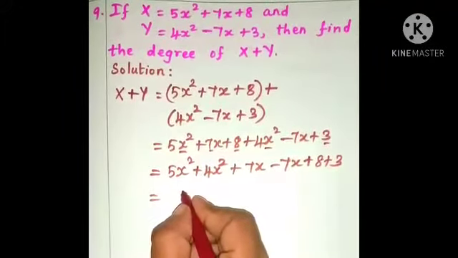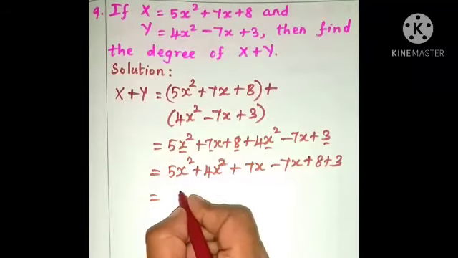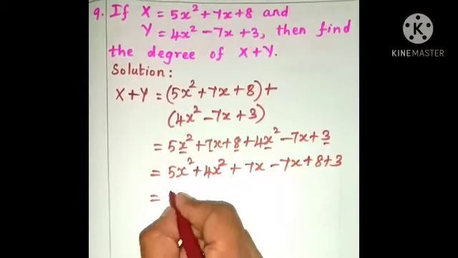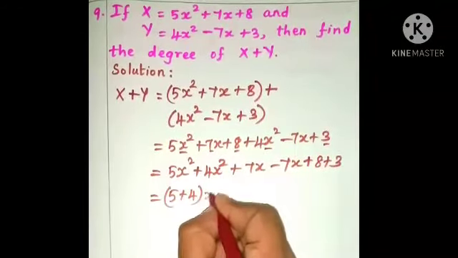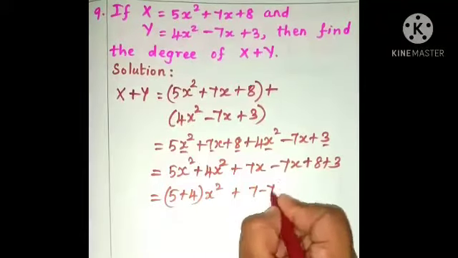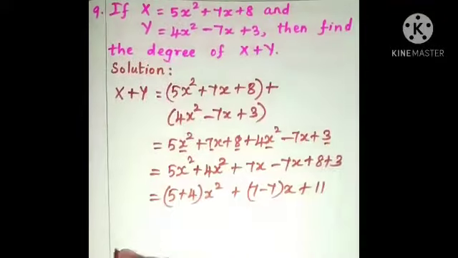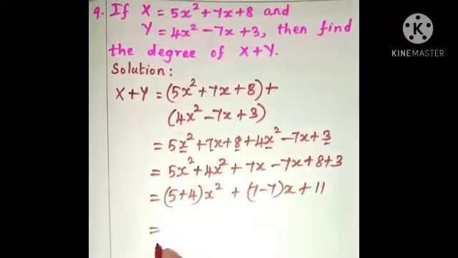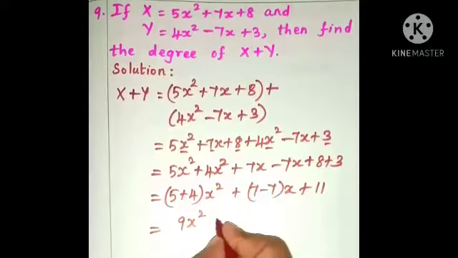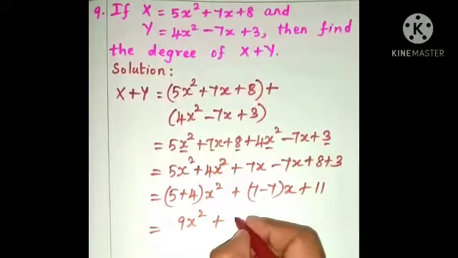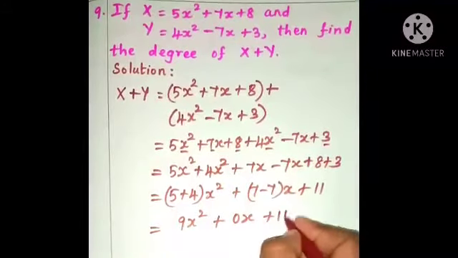Now we know how to add the like terms, that is adding or subtracting the coefficients of like terms alone. 5 plus 4 is 9x square, 7 minus 7 is 0x, and 8 plus 3 is 11.